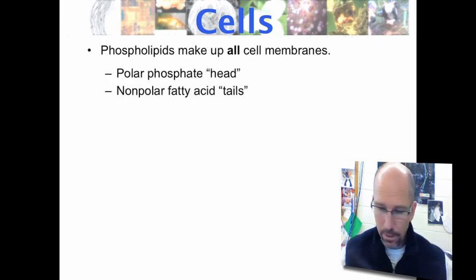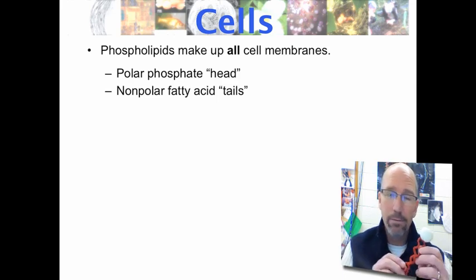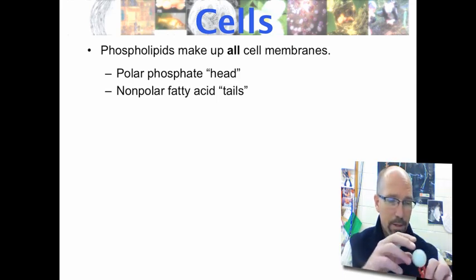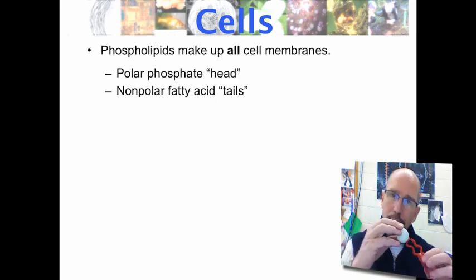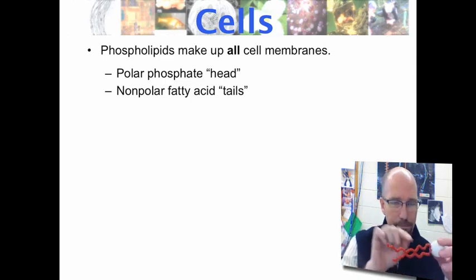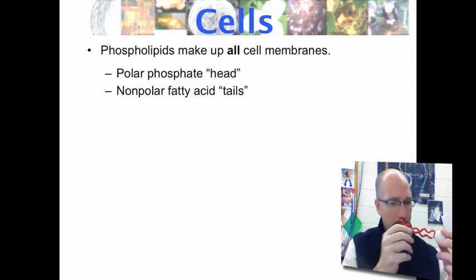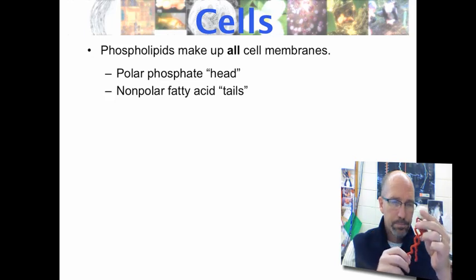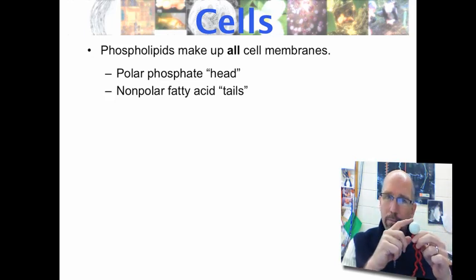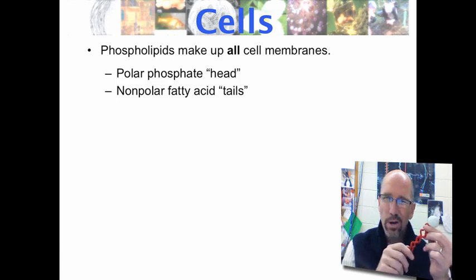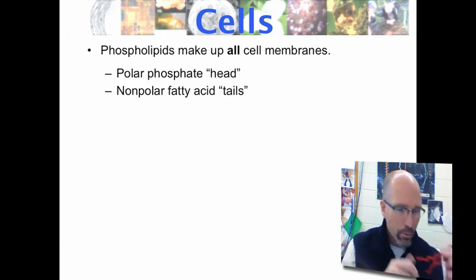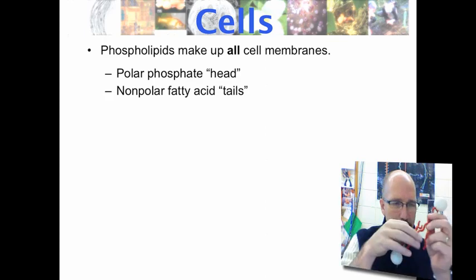Phospholipids. Here's a scale model of a phospholipid. It has a polar charged head, and then nonpolar fatty acid chains. So this likes water. It's hydrophilic, and this doesn't like water. It's hydrophobic. And phospholipids hang out in membranes like this.